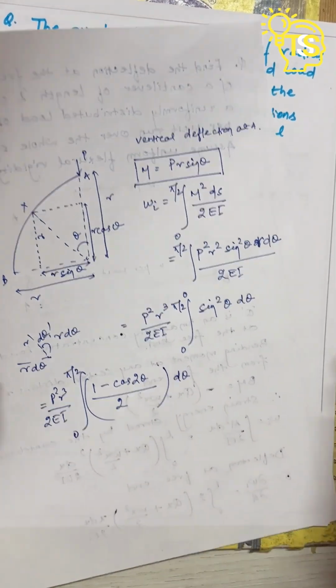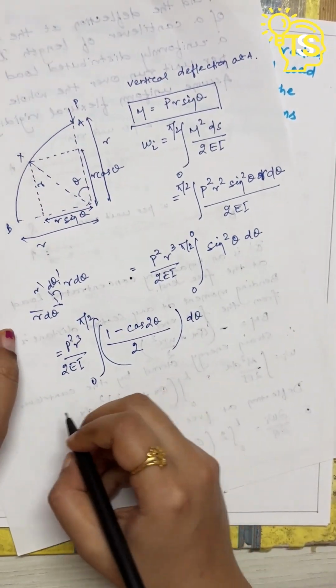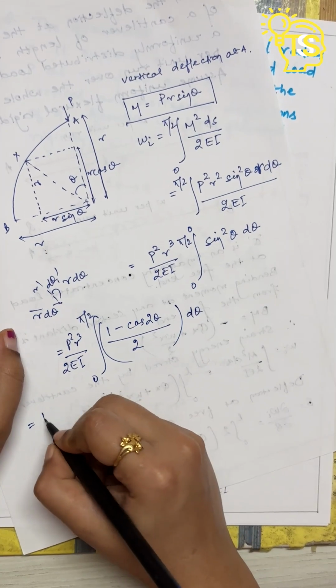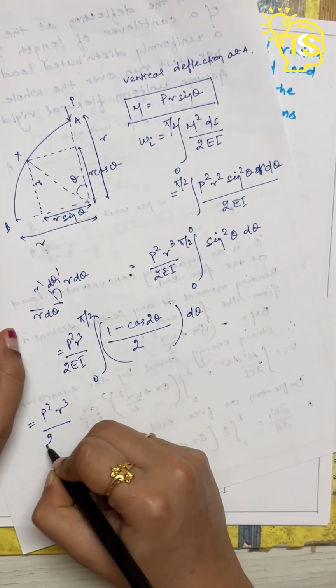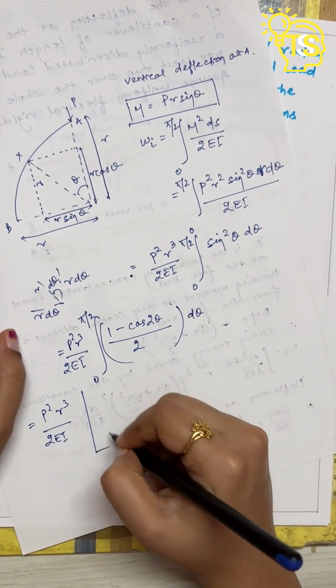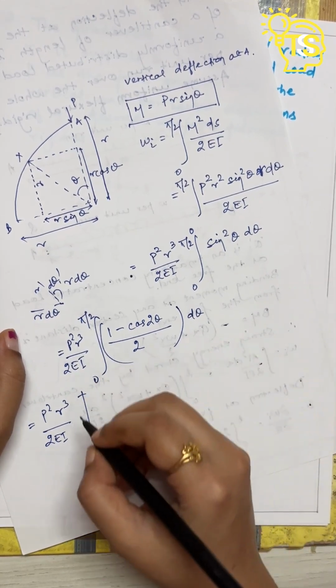Here P square r cube upon 2EI. Now let's calculate it. Let's bring 2 outside.